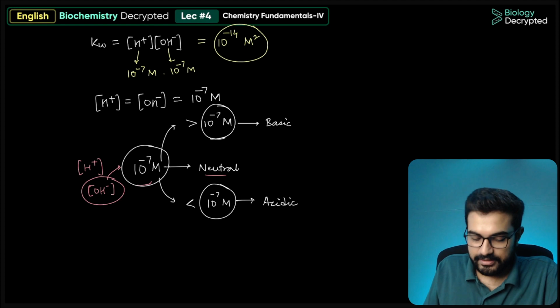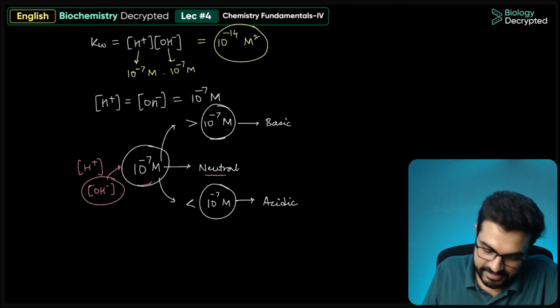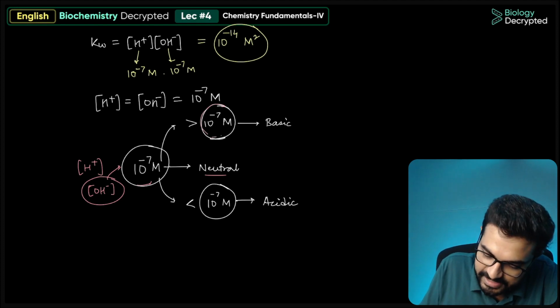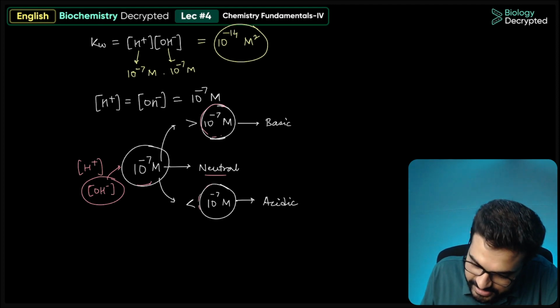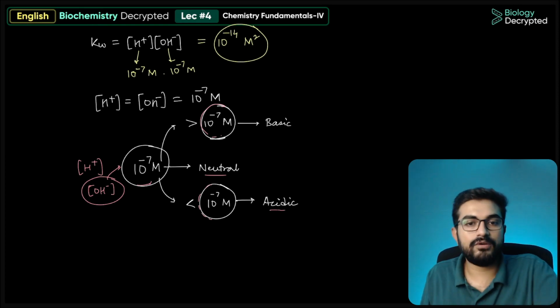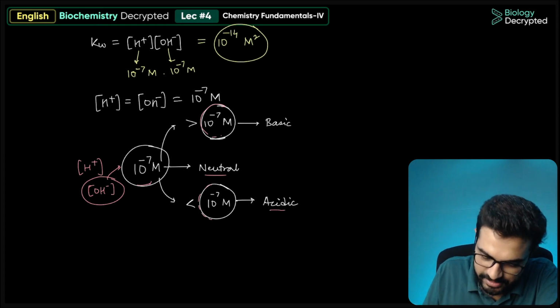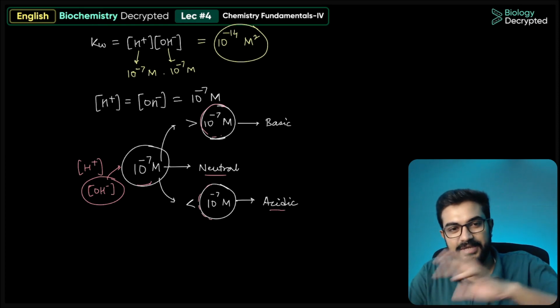If the concentration of OH minus ions is more than 10 to the power minus 7 molar, then in this case this will be called basic, and if it is less than that, then it will be called acidic. So actually the thing will be inverse.